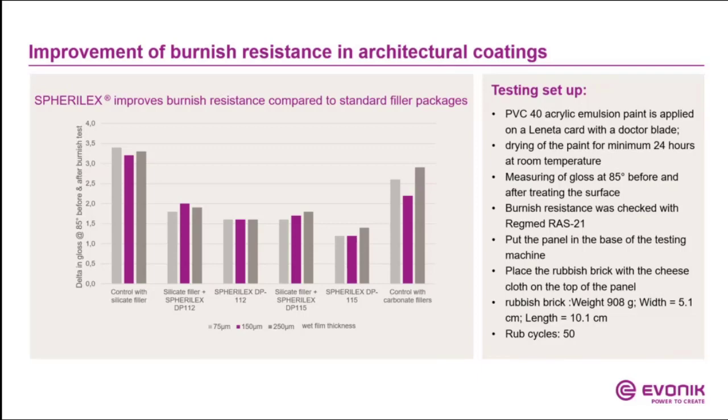In this case, we could reduce the change, so the delta in the gloss, from nearly 3 gloss units down to 0.2, 0.3 gloss units, which was very visible after the treatment on the surface. So in this case, SPHERILEX DP115 could really improve the burnish resistance of this emulsion paint.